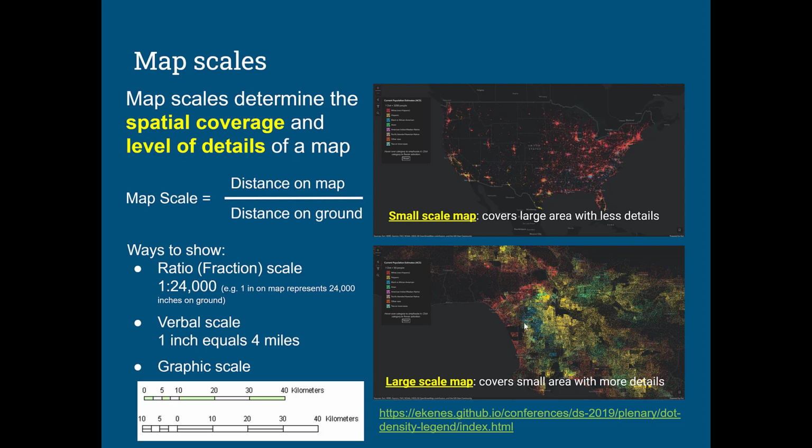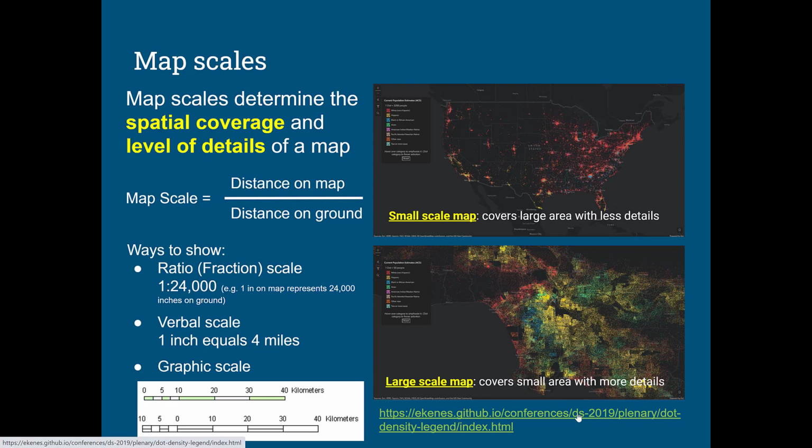But when you're zooming in on a large scale map, you can see LA, but here LA is just like this very crowded cluster. When you zoom in, you see more details about that place, in this case, Los Angeles. And then you can see in Los Angeles, different people, where they are.